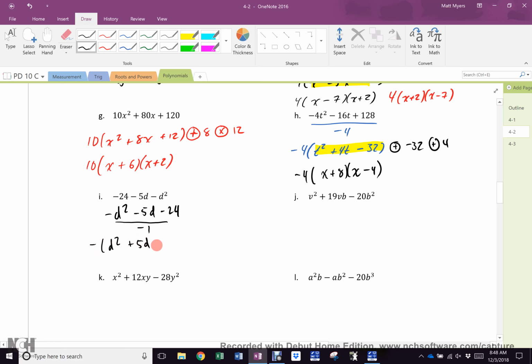Now, can I factor that? It looks like I can because you think 8 and 3 are going to work, don't you? But why won't they? Harsh? Yeah, I can't make 8 and 3 get me to +5, can I? One would have to be negative. So this is the only factoring we can do here. Everybody with me?